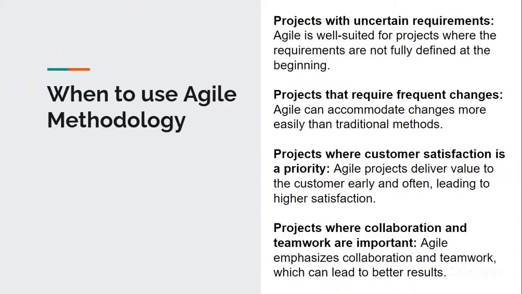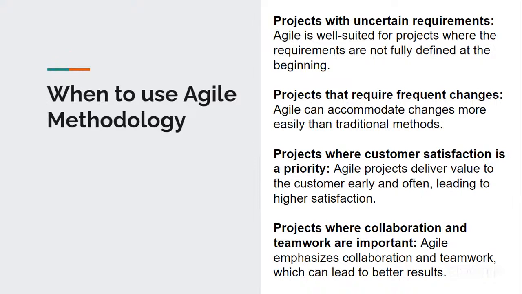It accommodates such. It's also used in projects that require frequent changes. This is a situation where you have a project whereby there is a constant change in requirements. Agile methodology is very much important in this type of projects. So Agile can accommodate such changes more easily than any other traditional method.